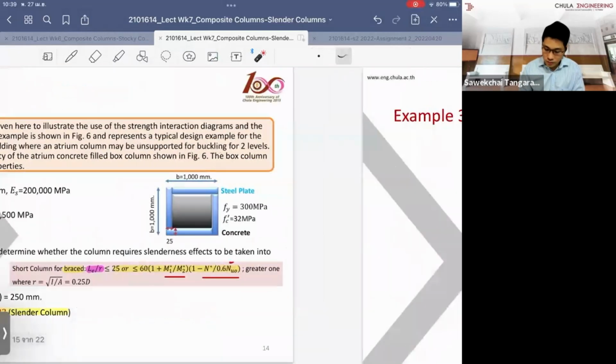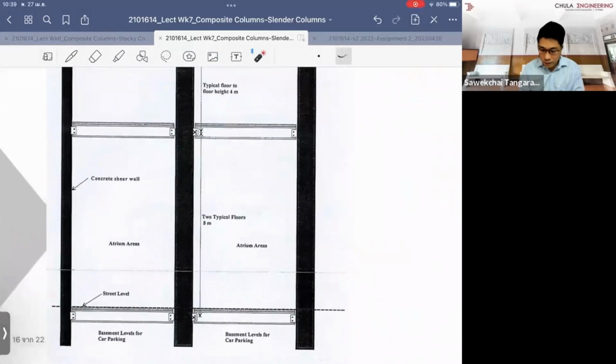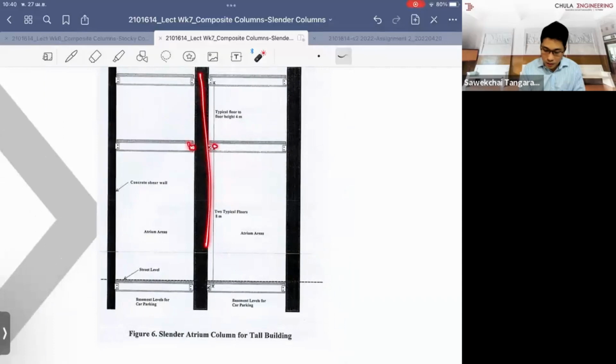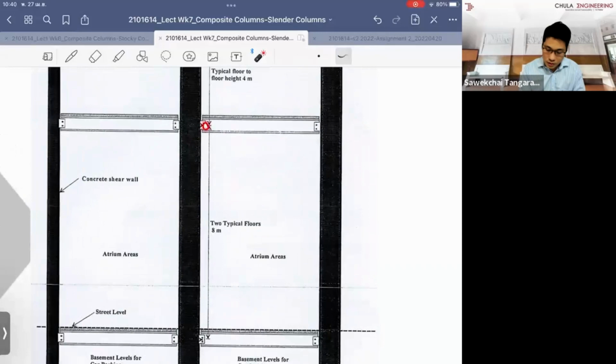What you do is, they give the geometry of the column, and they're saying that for this type of column, the height of the column is 8 meters, and this is a continuous column, and you have the pin, right? Because it's a pin, it's zero moment here and zero moment here.